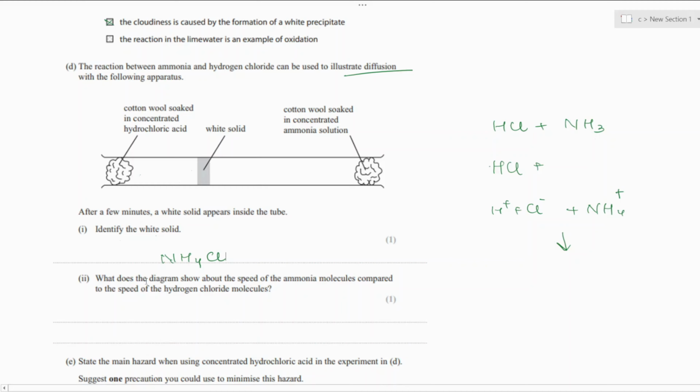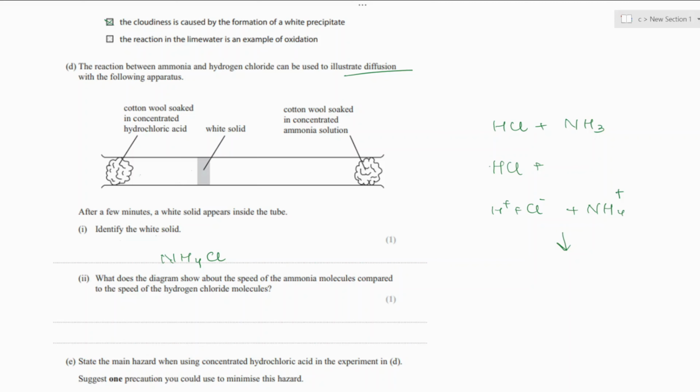If you find difficulty in identifying it, just make ions and then react those ions. Okay? What does the diagram show about the speed of ammonia molecule compared to the speed of hydrogen chloride? So basically the question is related to this. We give example for this very specific thing. So which would have a greater mass or which would have a lesser mass?